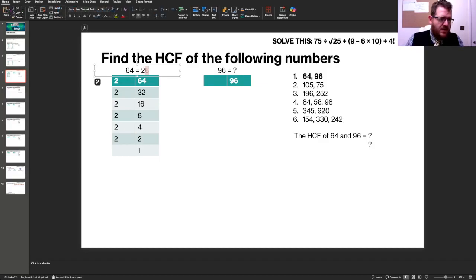I shall just quickly make an indent on that. You know exactly what I mean when I do that. 96, on the other hand, well, I immediately see a 2. And I see another 2. 24, that's another 2. Another 2 there as well.